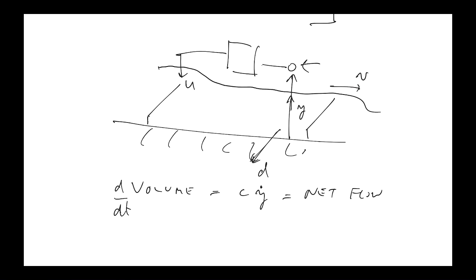But these channels are very long. The distance between this regulating structure and this regulating structure could range anywhere from a few hundred metres to a few kilometres. So the impact of adjusting the flow here on the water level downstream is delayed.